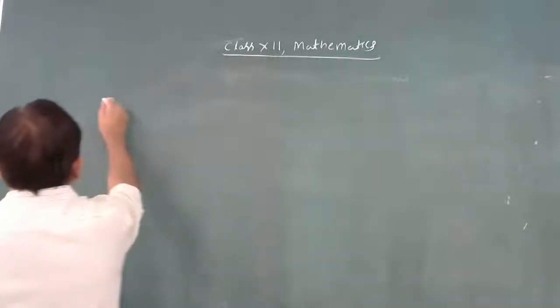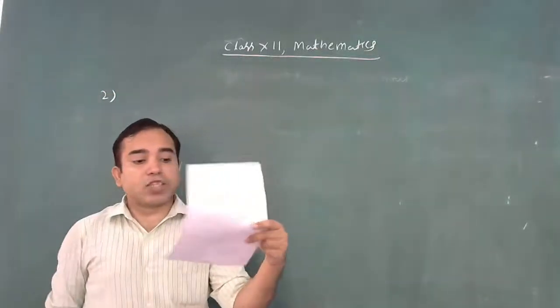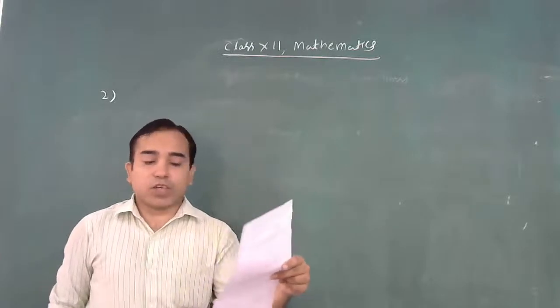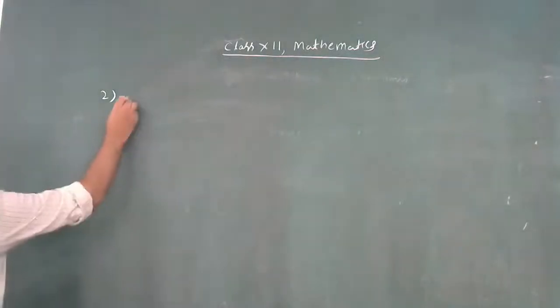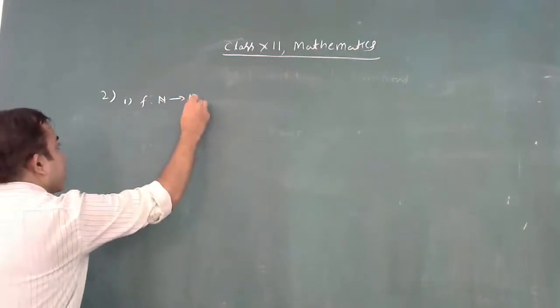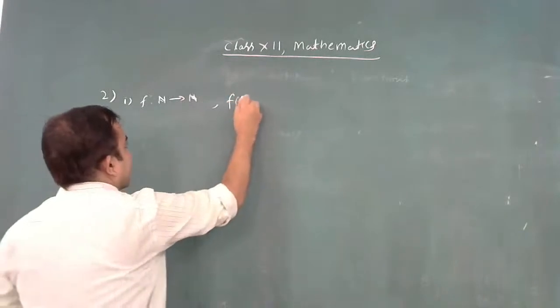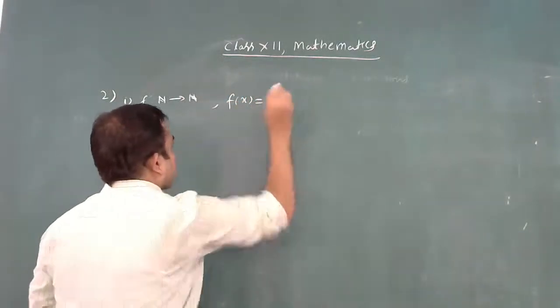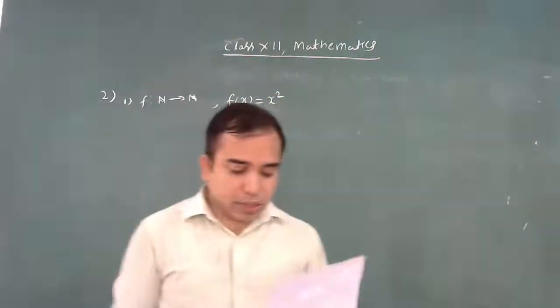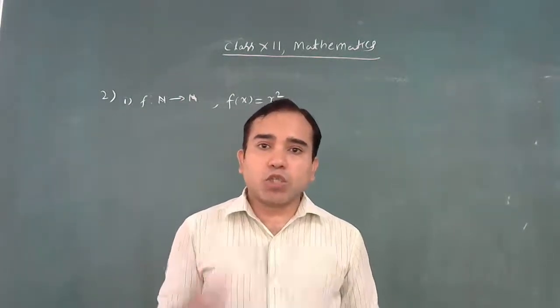Check the injectivity. अच्छा नाम यूज किया. Check the injectivity and surjectivity of the following functions. The first one is the various parts of it. First part is f function from naturals to naturals such that fx equal to x square. Injectivity means one-oneness, surjectivity means onto-ness.